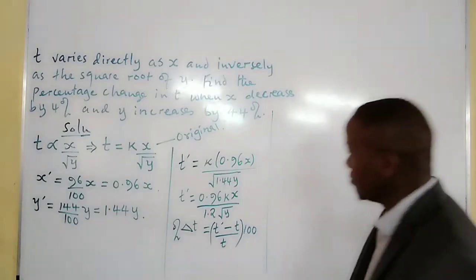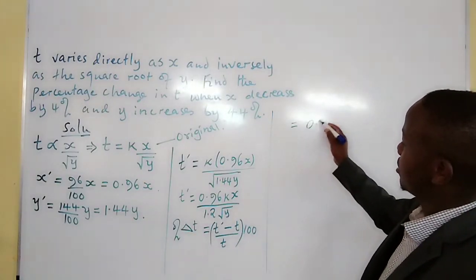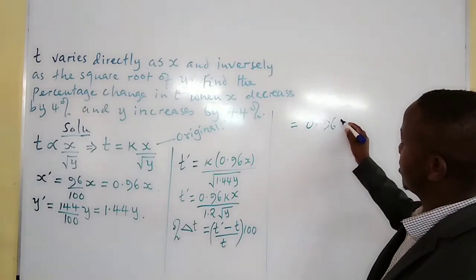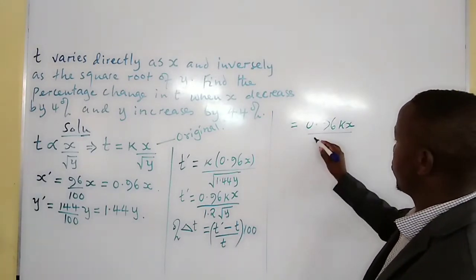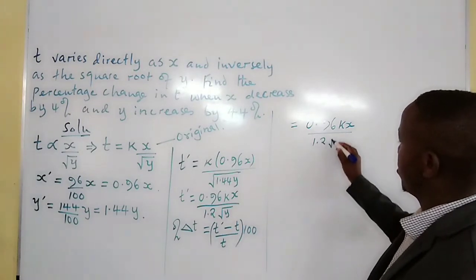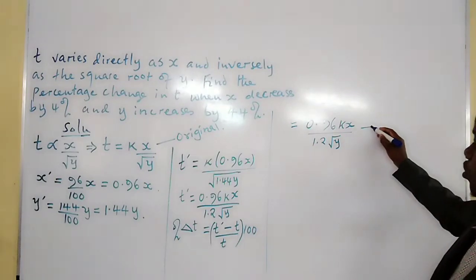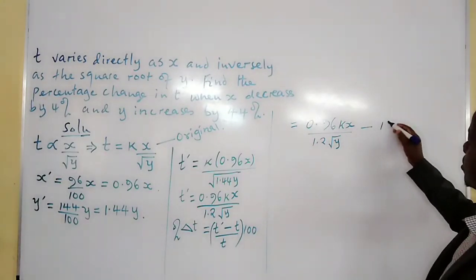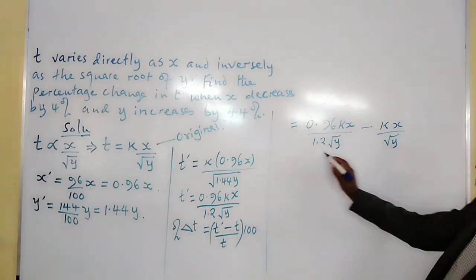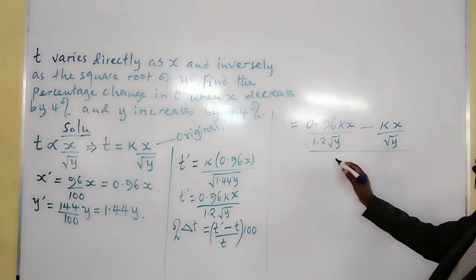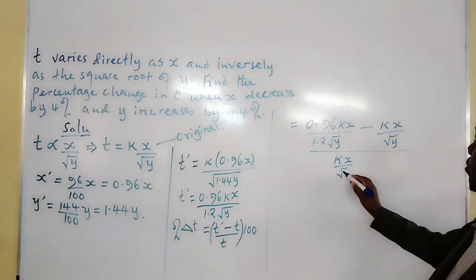Therefore, the new t is 0.96kx divided by 1.2 root y. The original t is the constant times x divided by the square root of y. We can divide all this with kx divided by the square root of y.